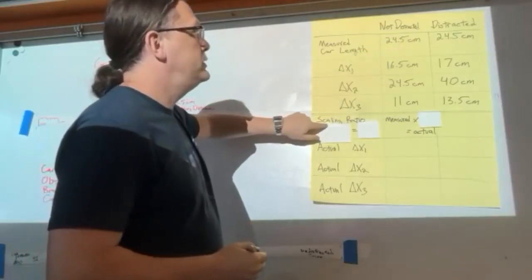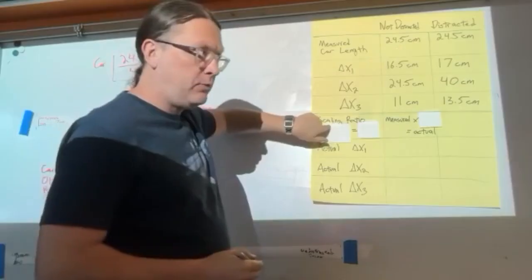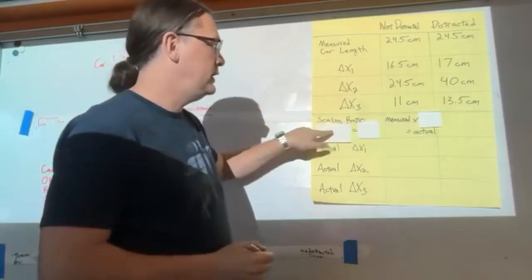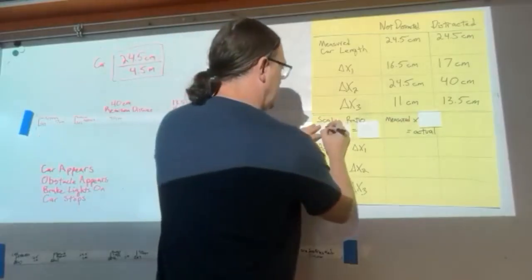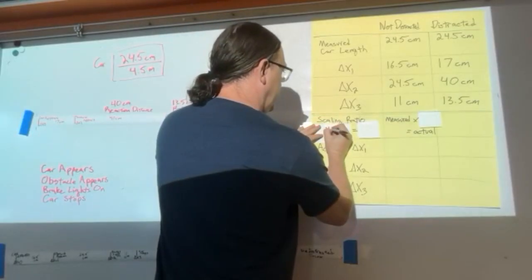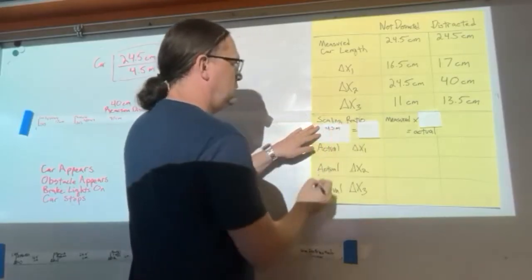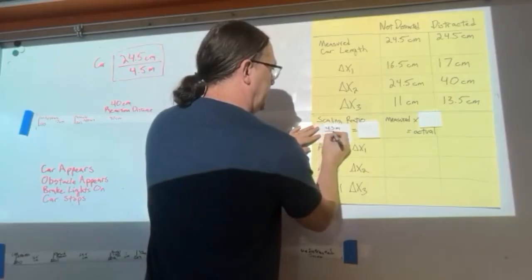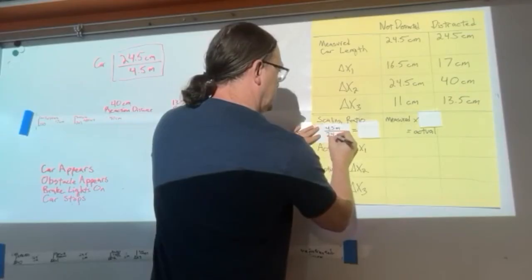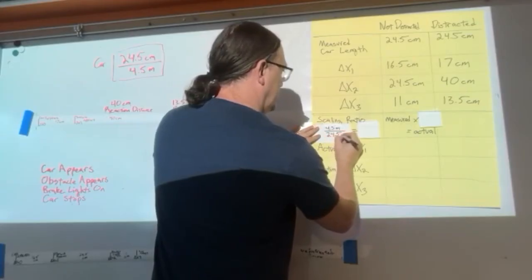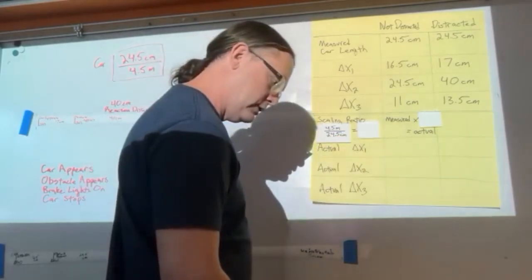And remember, we should always put the units that we want to end up with, our actual units, in the numerator. So our scaling ratio should actually be 4.5, because that's the actual length of the car, divided by 24.5, which is our measured length of the car.